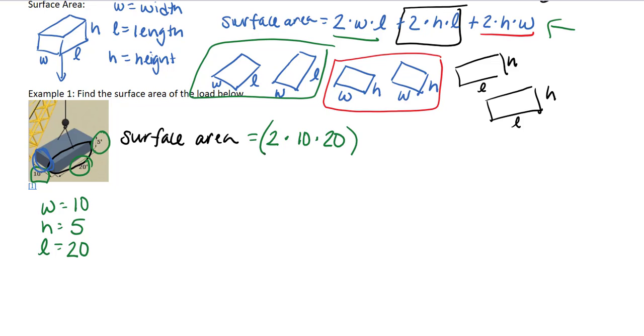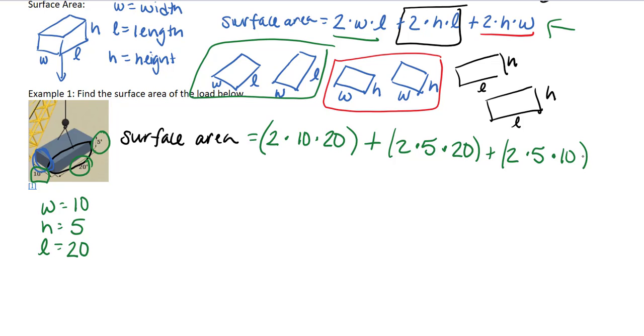Let's put that all in parentheses. Now we go plus 2 times 5 times 20, because this is the height, this is the length. And lastly, we go 2 times H times W, so 2 times H, which is 5, times the width, which is 10.